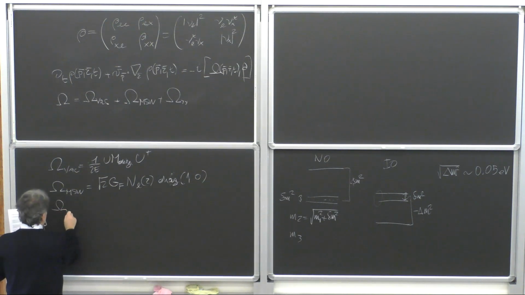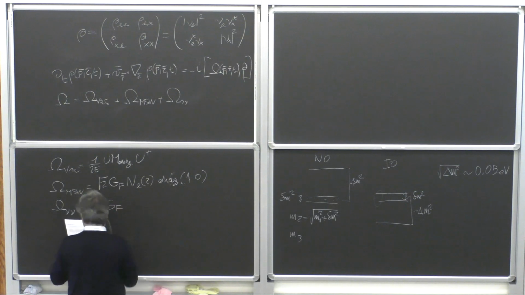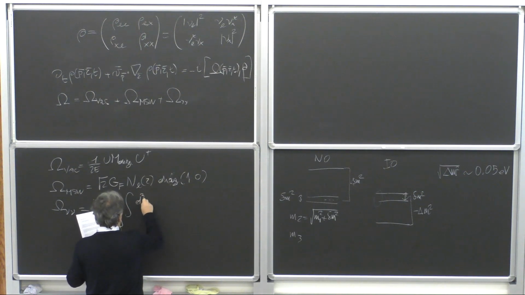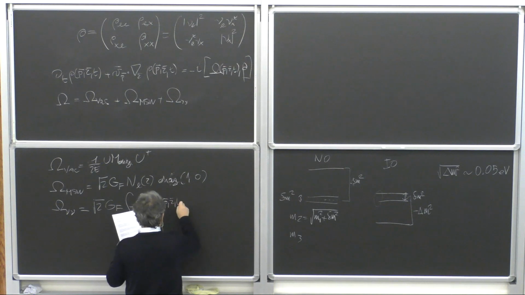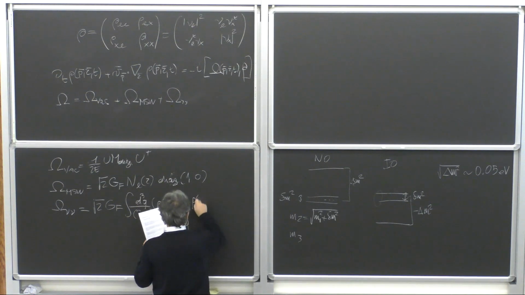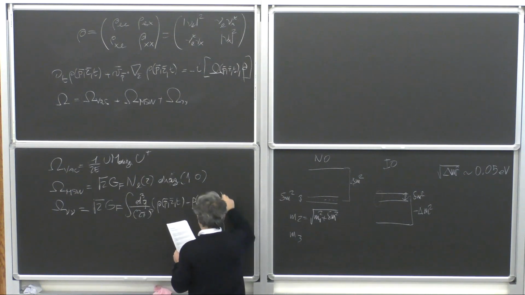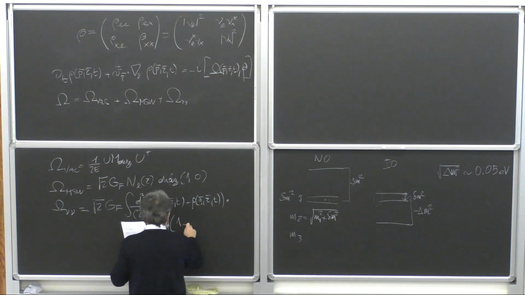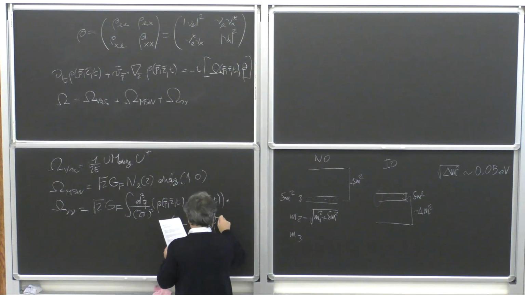And the new term is square root of 2 G_F integral d3Q over 2 pi cubed, rho(P, R, T) minus rho-bar(Q, R, T), times 1 minus V_Q dot V_P. Okay.